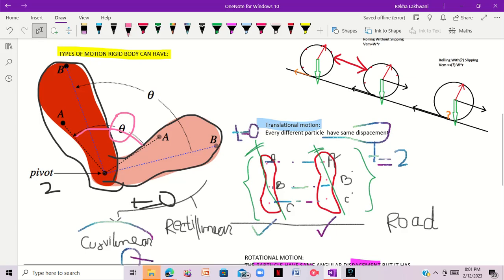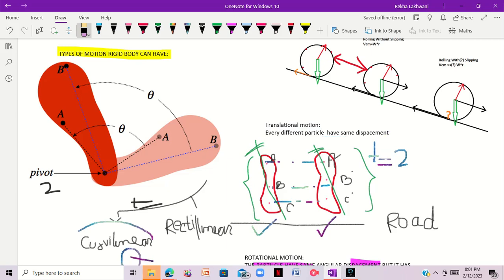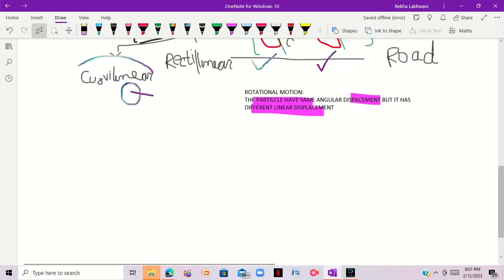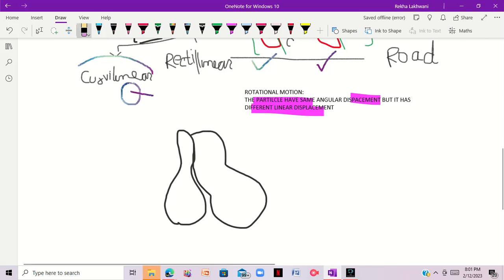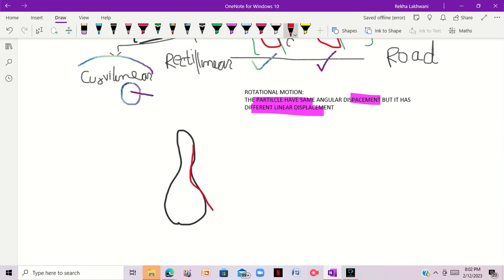Let me draw a diagram over here so you can easily understand. My drawing is not good, but consider that this is the fixed point of the rigid body about which it moves, known as the pivot point.